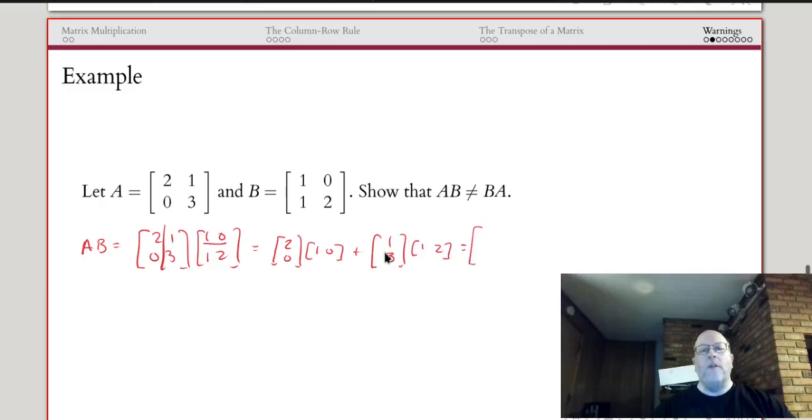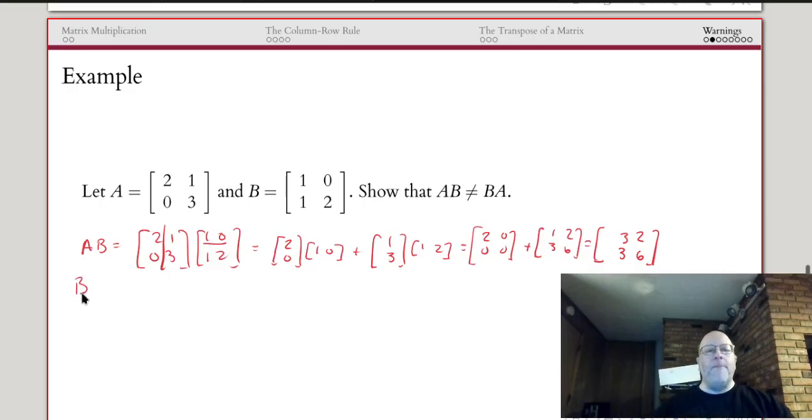So 2, 0 times 1, 0 will be 2, 0, 0, 0. 1, 3 paired with 1, 2 is going to be 1, 3, 2, 6. And when we add them together, our answer is 3, 2, 3, 6.